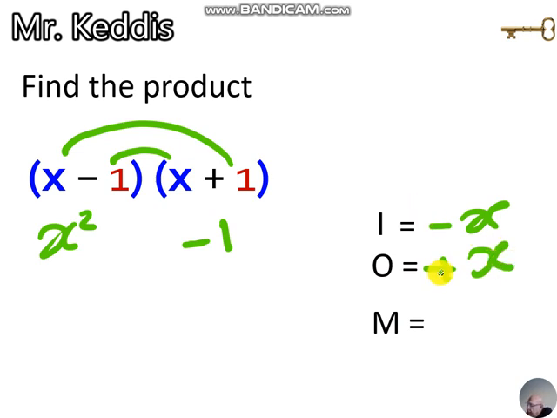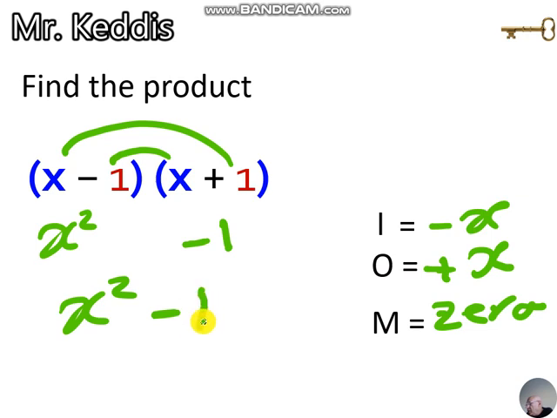Because the signs are different, I subtract. 1 minus 1, you get 0. Meaning nothing here. And I can write x squared minus 1, or x squared minus 1 squared, because 1 squared means 1. And this is the difference between two squares. If I ask you to factor x squared minus 1, you factor to x minus 1 and x plus 1.